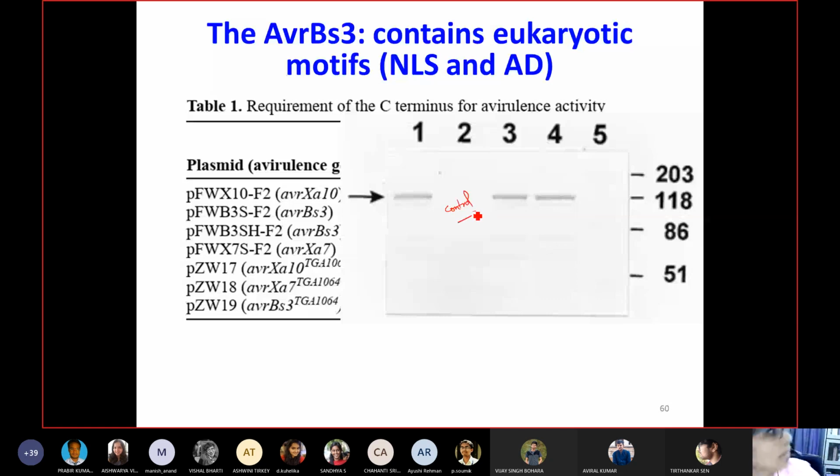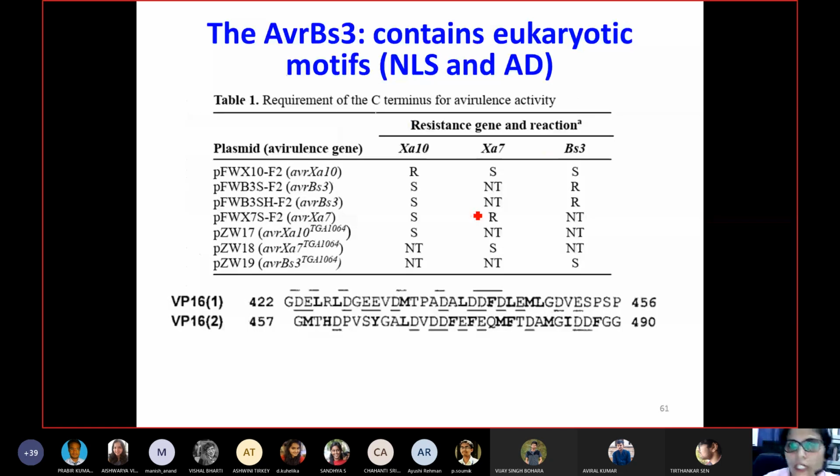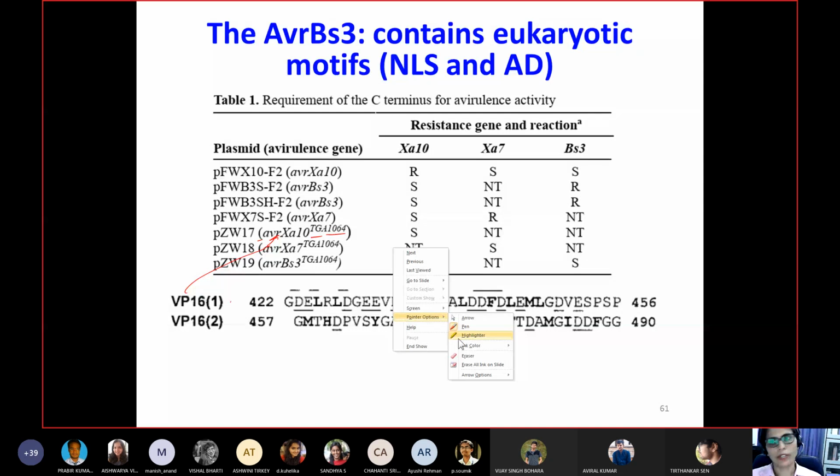So they did some kind of rescue experiment, where the genes which were mutated, for example plasmid ZW17 containing this mutation, when they swapped this region with the VP16 domain 1, it was able to rescue the effect of control sequences. This kind of experiment is called a swapping experiment. So they showed that both NLS as well as these acidic domains were important for the effectivity.